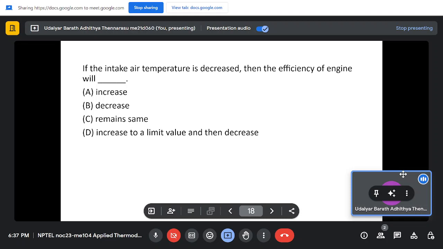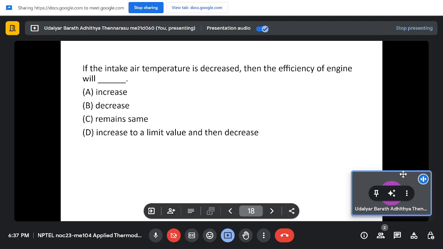So if the temperature is reduced, density will increase for the same pressure. You are holding pressure constant. So in terms of volumetric efficiency, more mass is coming in. That is one case, and since the temperature is also low, it can expand to a higher temperature, so it can expand more.